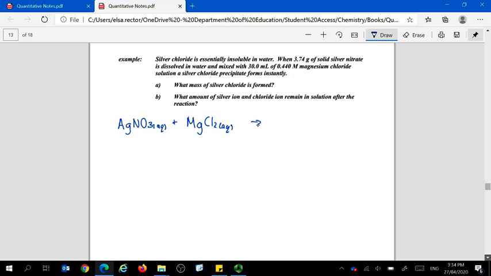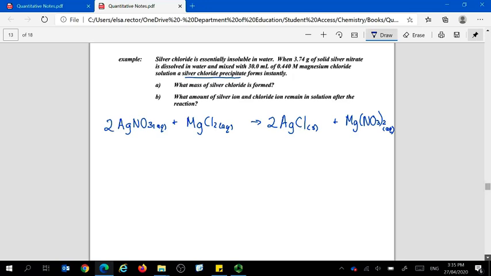And we know that we get silver chloride as a precipitate because it says so. So we're going to get AgCl. That's a precipitate, so that's going to be a solid. Then what's left over must be magnesium nitrate. And balancing that equation, we're going to need two of those and two of those. So there is our balanced equation.